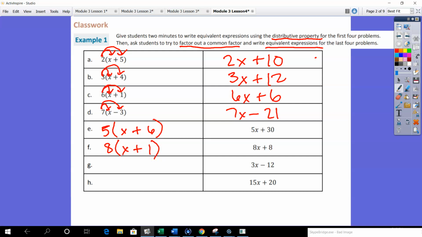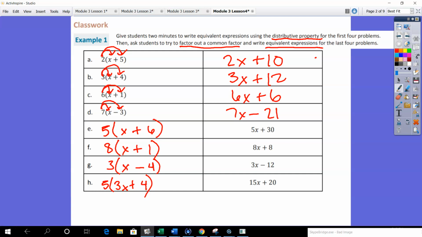And the common factor in 3 and 12 is 3. 3 times x is 3x minus 3 times 4 is what gives me 12. And then on the last one, our common factor there was 5. 5 times 3 gives me 15, and then x, plus 5 times 4 is what gives me 20.